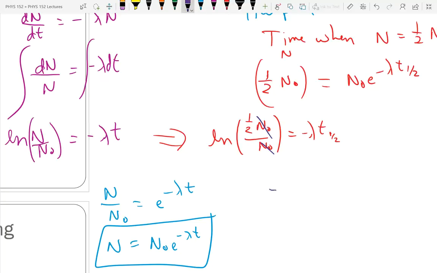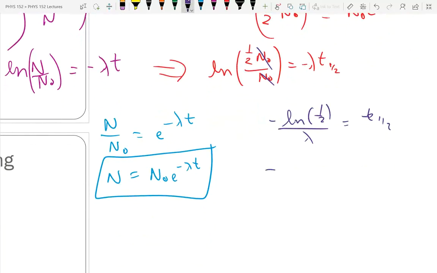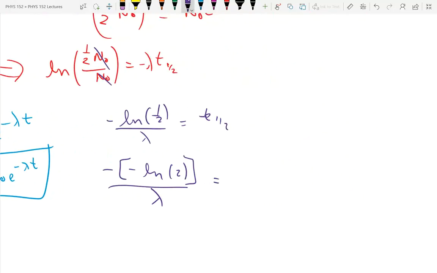So I have minus natural log of 1/2 divided by lambda is equal to the half-life. Nobody likes that minus sign. We also don't like 1/2. Natural log of 1/2 is equal to minus natural log of 2, just a rule for logs. So this is exactly the same as minus natural log of 2. And of course, then we just write that as natural log of 2 over lambda.